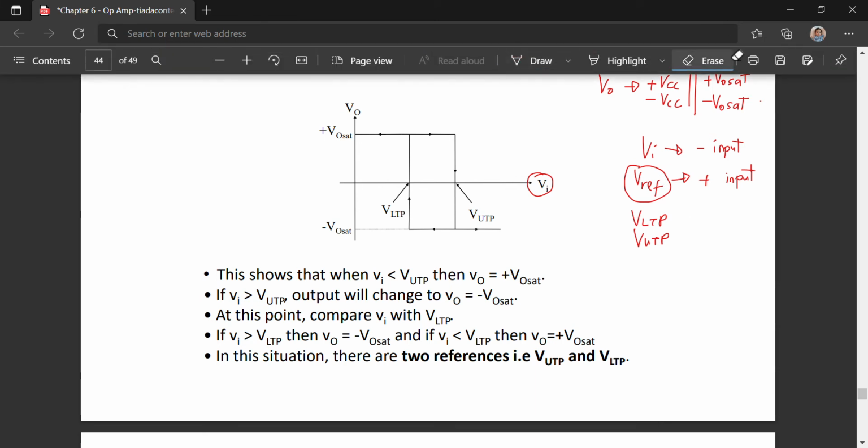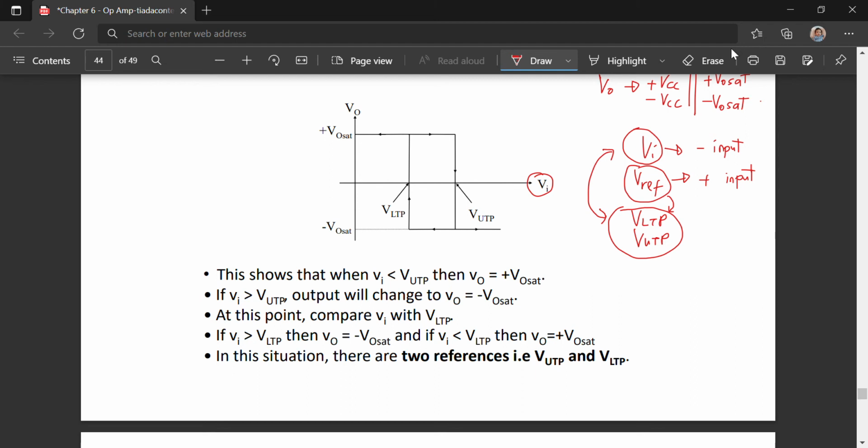Okay. So at this point, for your output, you will compare VUTP and VLTP with VIN. So actually VREF is changed to VLTP and VUTP.